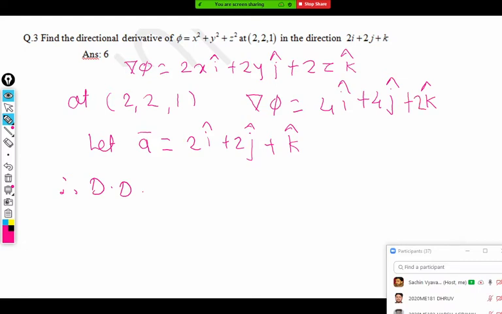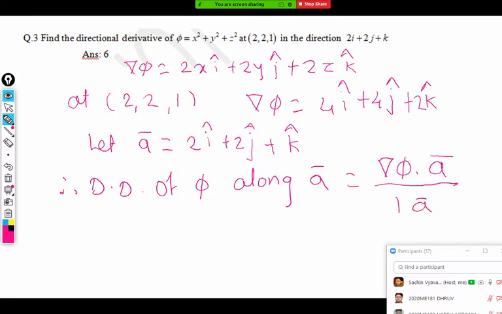So therefore, the directional derivative of phi along a bar is equal to del phi dot a bar upon the magnitude of a bar. And this way we get the answer.